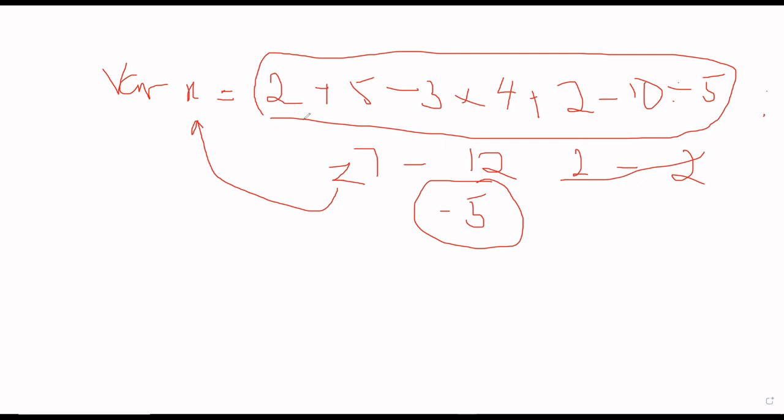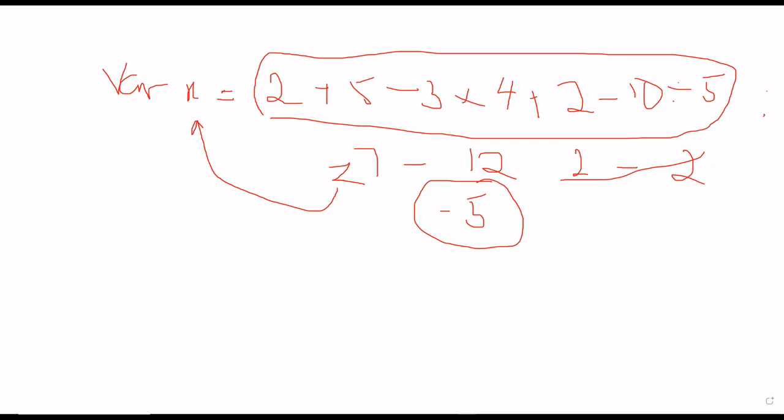So let us confirm what we just did. Let me take a pen and write it out so that I'm sure I'm getting the actual expression. I have 2 plus 5 minus 3 times 4 plus 2 minus 10, then divide by 5.